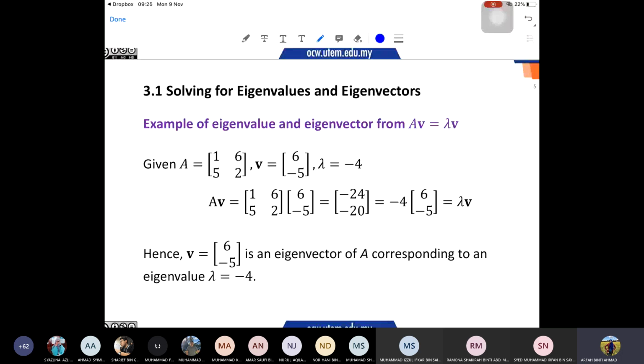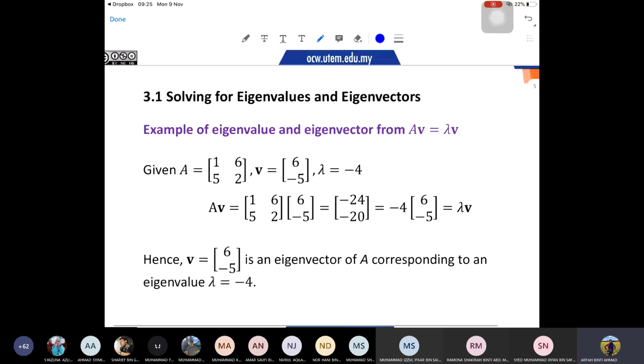So, if you take a look at this one, A darab V, okay, this is matrix A, this is darab vector V, akan sama dengan [-24, -20]. So daripada sini, -24 dan -20 ni kita boleh faktorkan dia, yang mana awak boleh dapat yang dia adalah sama dengan -4 kali 6 dapat -24, -4 kali 5 adalah -20.